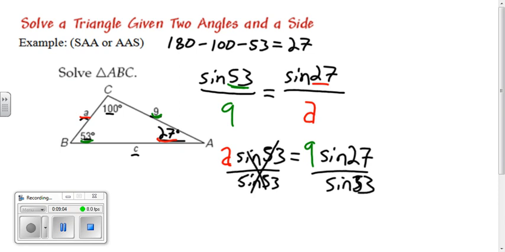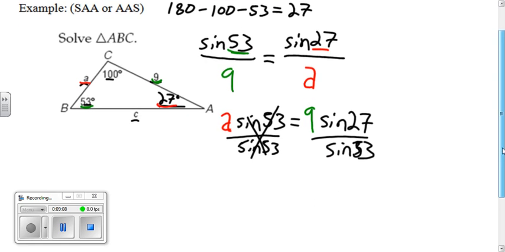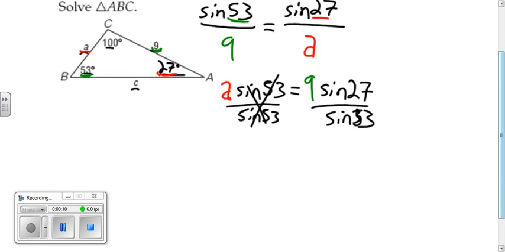Those cross out. We're just left with A equals 9 times the sine of 27 all over sine of 53. I'll give you a second to work that out on your calculator, but on mine, that's telling me that A is approximately 5.1 units. It doesn't mention how long each is, so we can just say units.